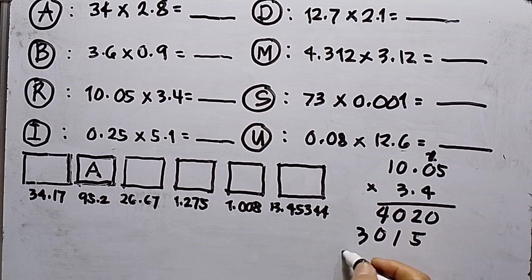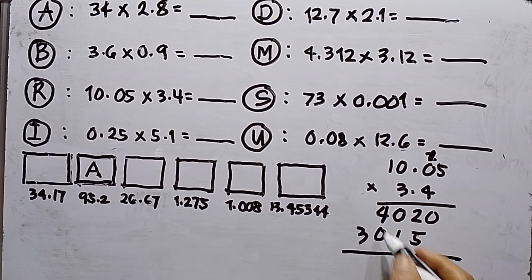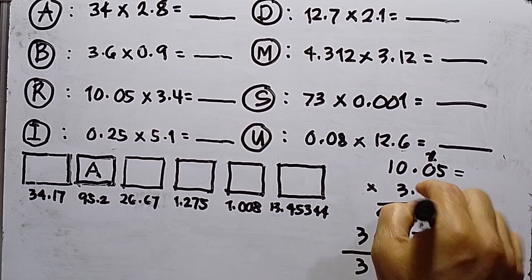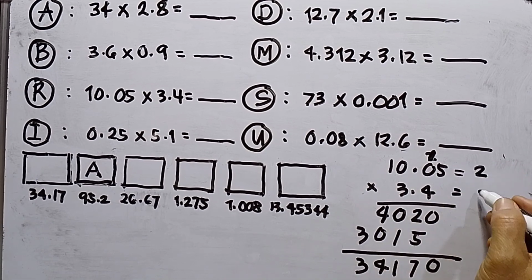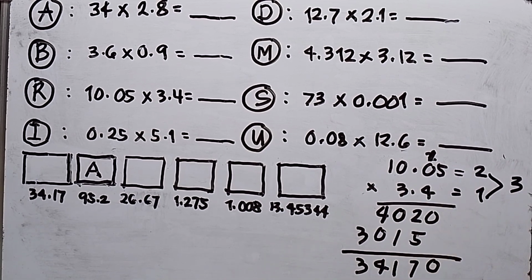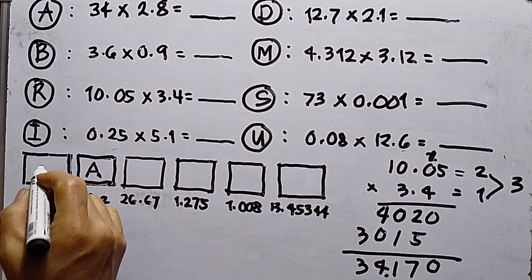This is 3. Bring down 0, this is 7, this is 1, 4, 3. So how many decimal places do I have for 10.05? I have 2. How about 3.4? Only 1. So therefore, I have 3 decimal places for the product. So I need to count from the right: 1, 2, 3. So I have 34.170, or 34.17, which is the same. So this is letter R.